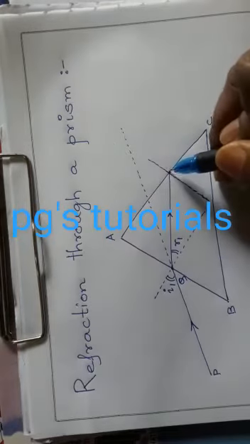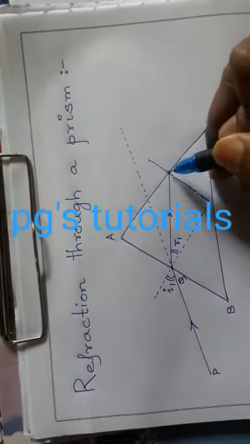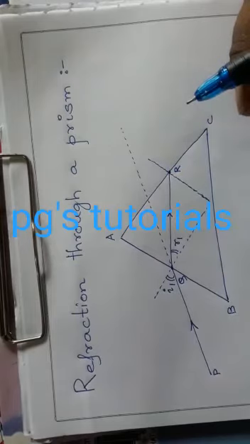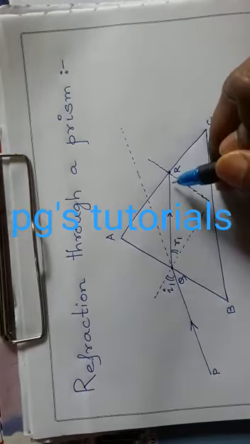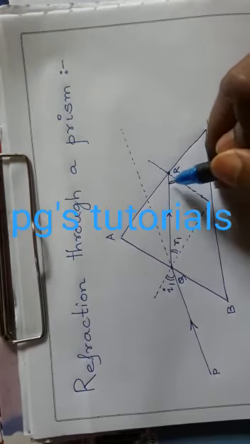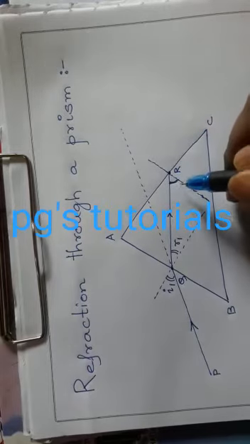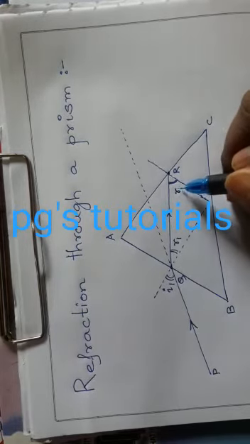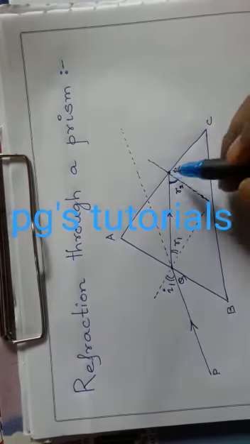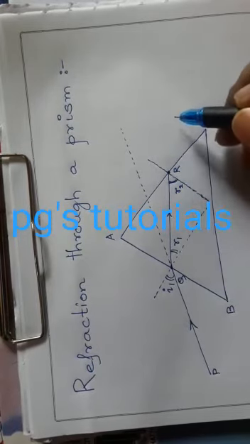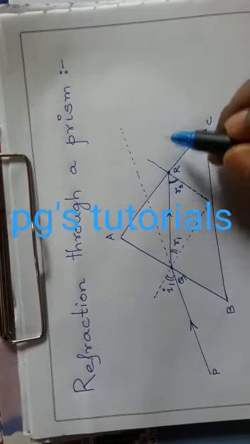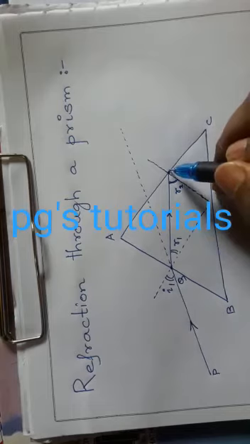Let us draw a normal at the point of incidence R. Then this angle we call R2. Now light is traveling from glass to air, so from denser to rarer, so it will move away from the normal.